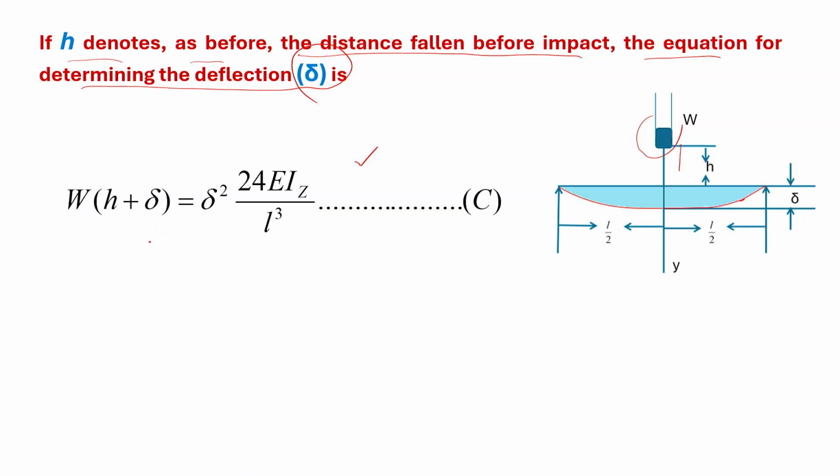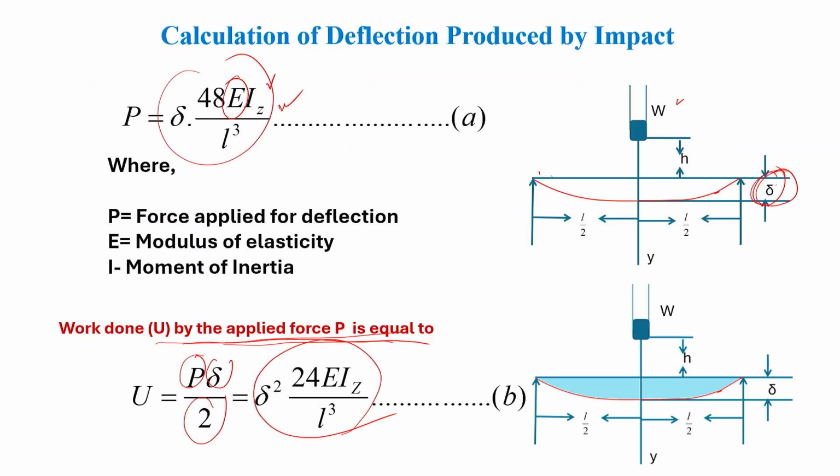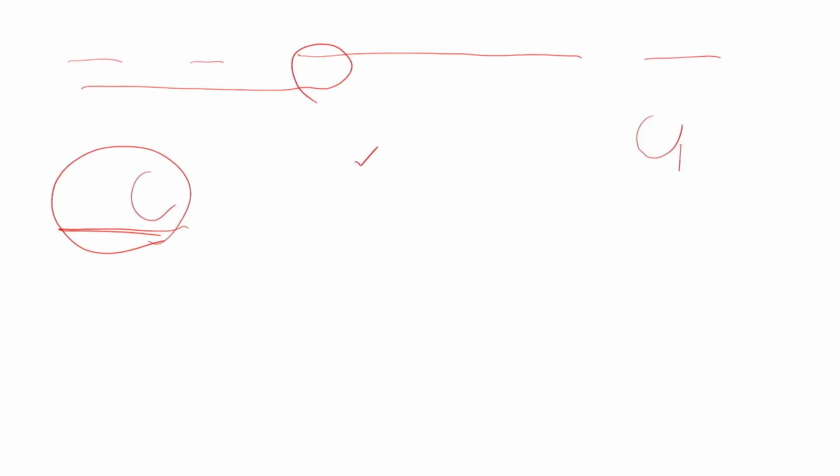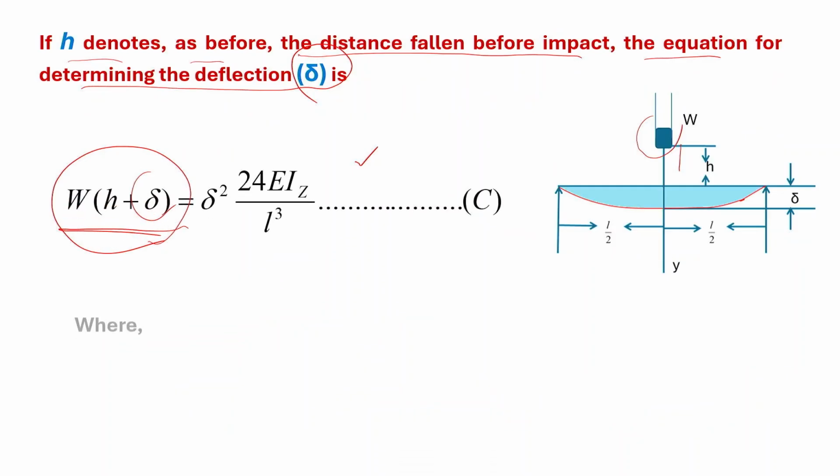Now, you can see W times H plus delta is the total energy. This is the total work done by the applied force.